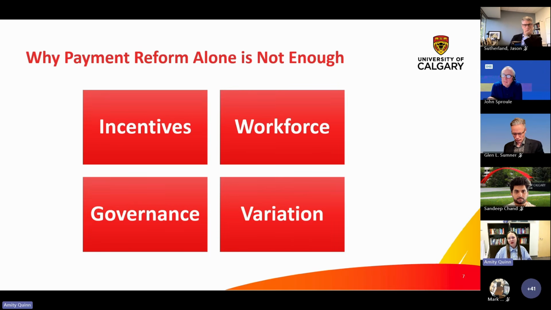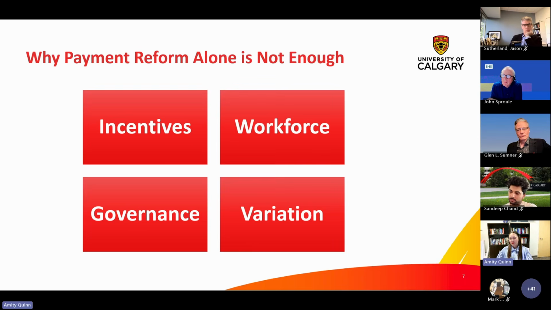Understanding where variation exists can help identify opportunities for improvement and tell us where interventions are most likely to have an impact. These four factors are clearly interconnected. Payment is a type of incentive, but workforce constraints, governance structures, and variation in care also shape what happens in the system.